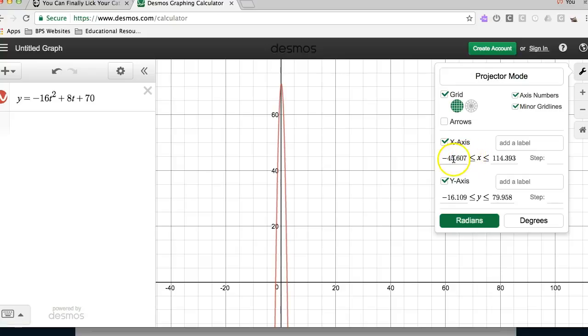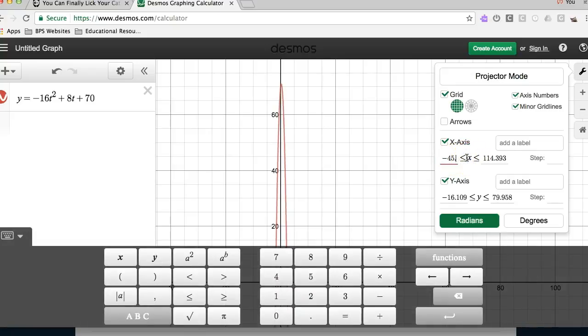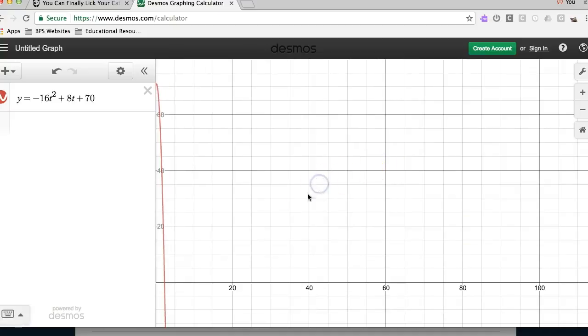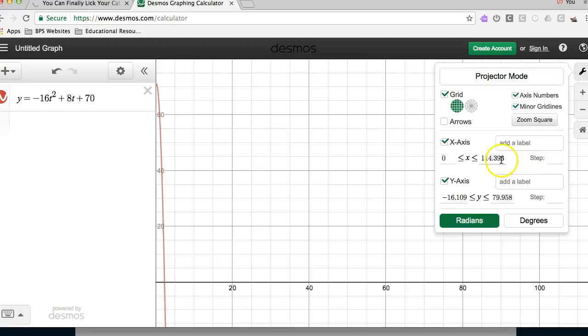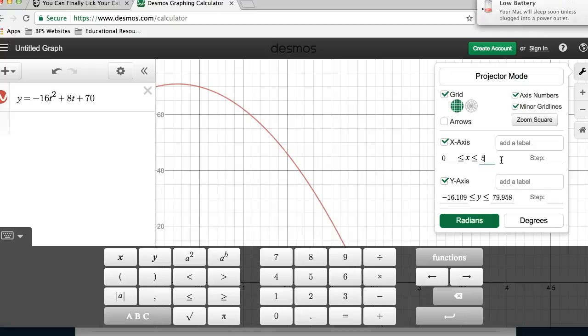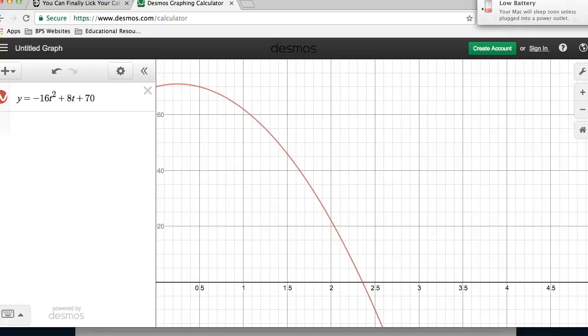This is the smallest number that x can be, right? I want it to be 0. The biggest number, well, let's see here, that's like 5, 10, 15, 20. So if I put in a 5 for the largest number for x, boom, like that. Okay, that looks a little bit better.